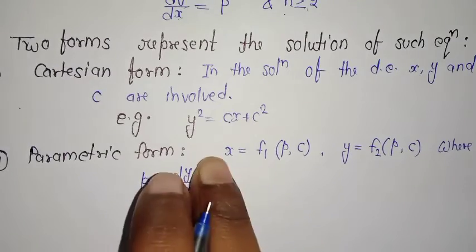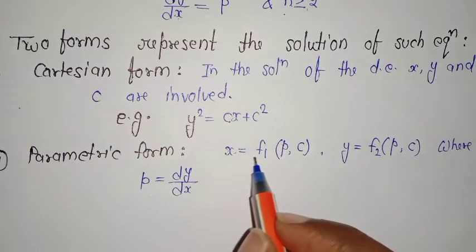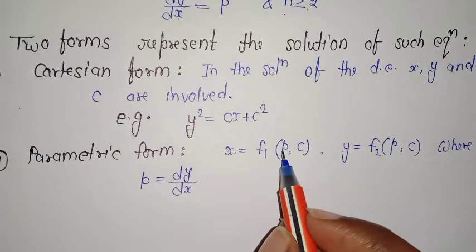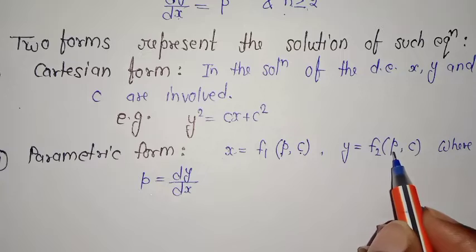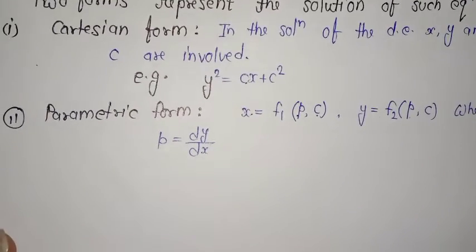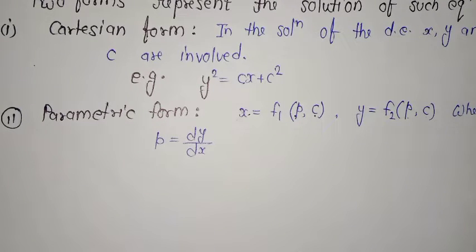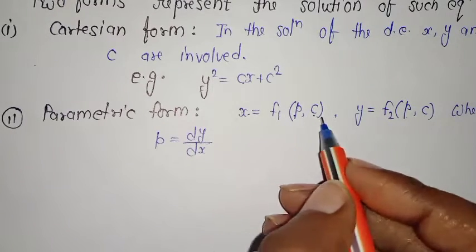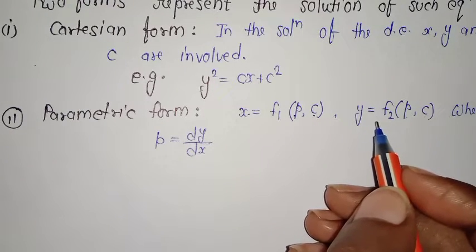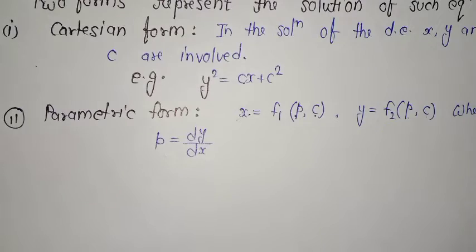This is also a Cartesian form, but it must be a function of the derivative and some constant. Since we are talking about a differential equation of first order but not first degree, the constant involved in both will be the same, because the order is 1, so only one arbitrary constant is obtained.